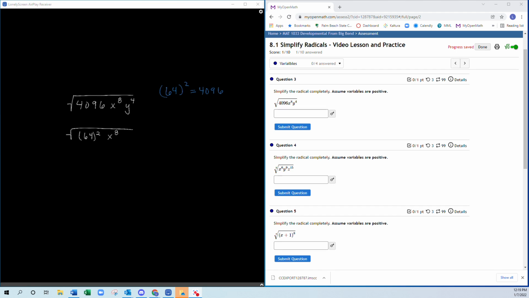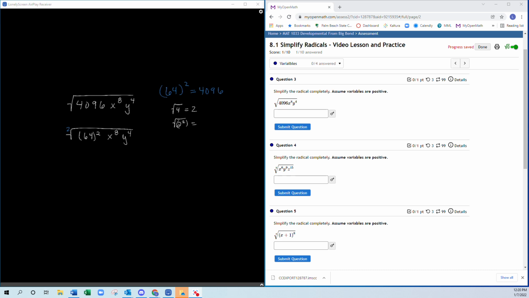x to the 8th, y to the 4th. This is understood to be the square root. In the same way that we were talking about before, I know that the square root of 4 is equal to 2. And the reason I know that is because this is 2 squared.